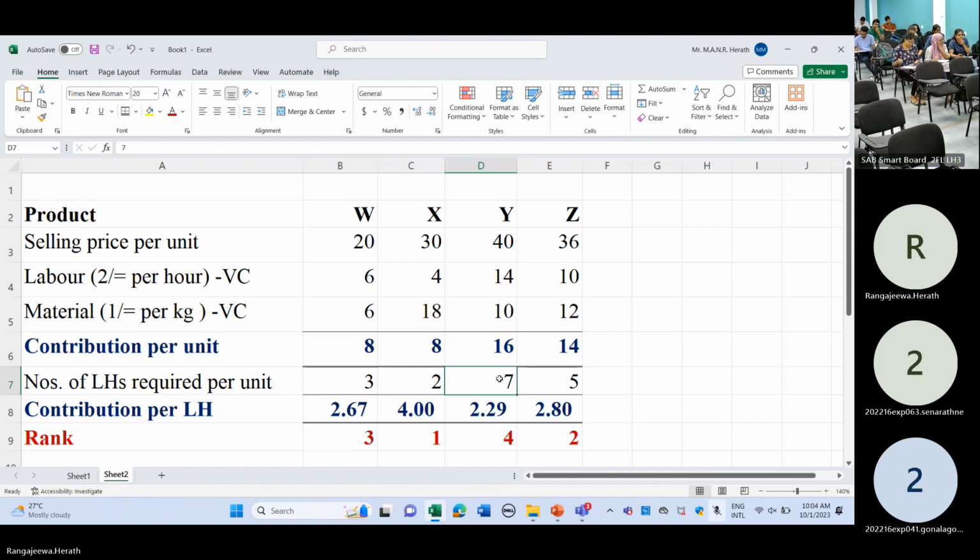So first we produce product X, so we can find the profit maximizing product mix.